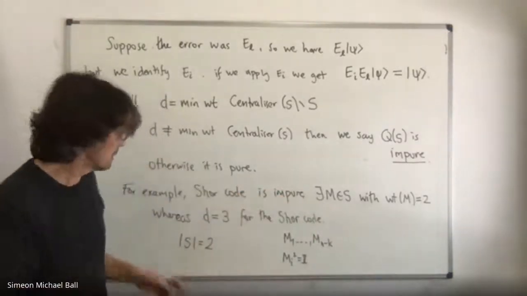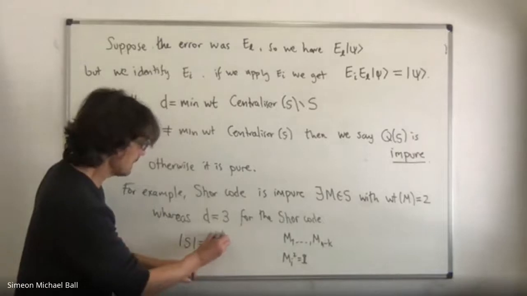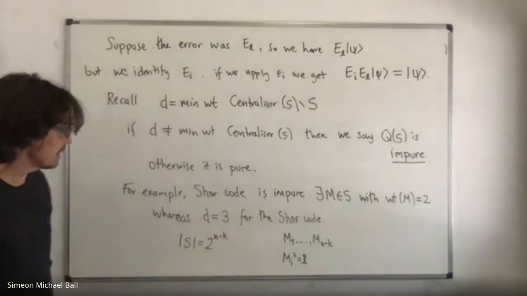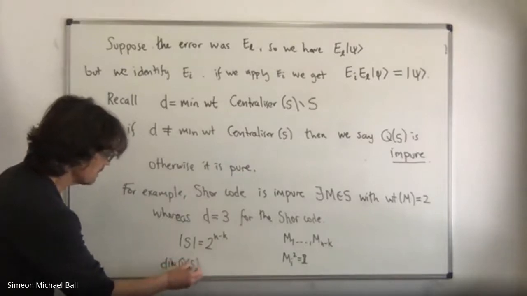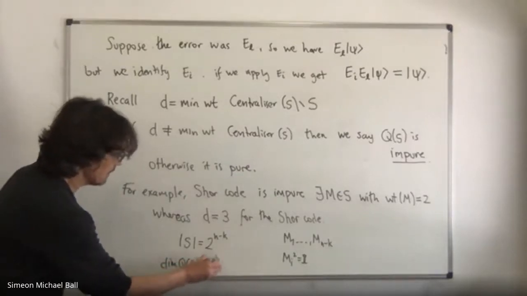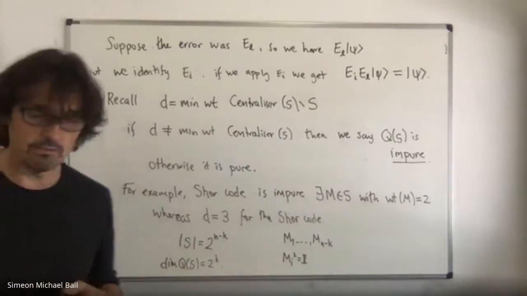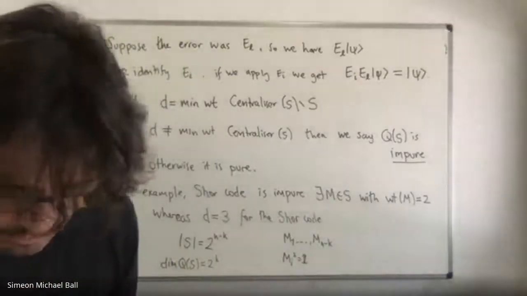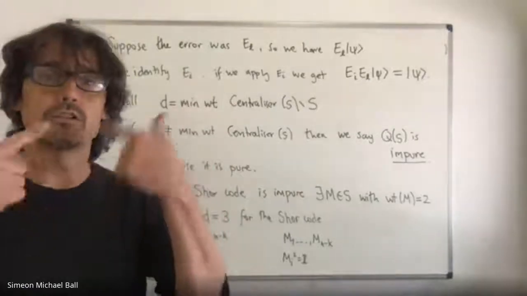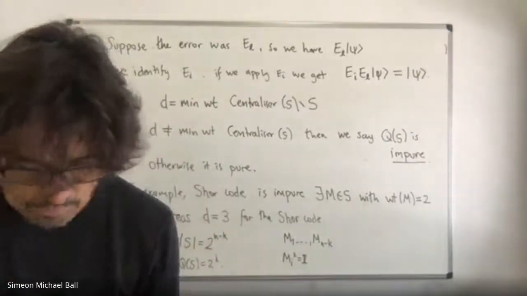And so that's always 2 to the n minus k if you have n minus k generators. And I will prove to you that the dimension of Q(S) is equal to 2 to the k. I will do that with my own proof, and not the one in Nielsen and Chuang, which is dependent on going to the classical code and playing over there. But you don't need to.